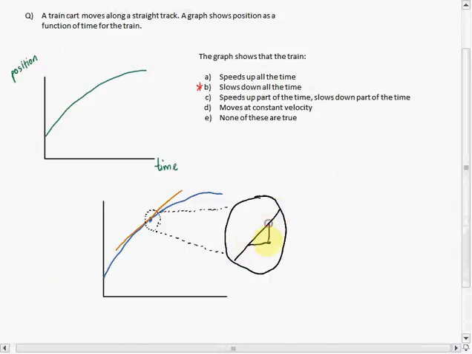It's still this rise divided by the run, or this delta x divided by delta t. So by zooming in close enough where this tangent line touches this curve at one point, I would be able to find out what the velocity is at that specific point in time.